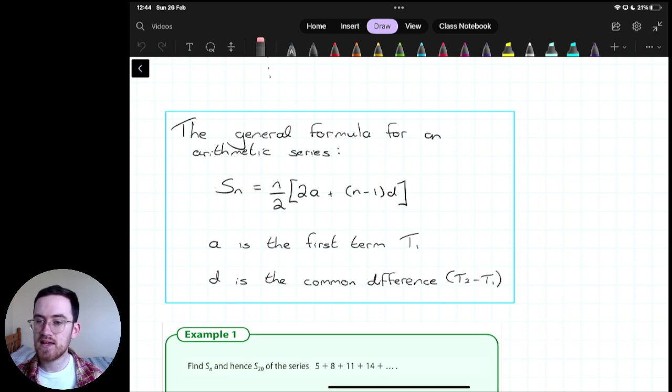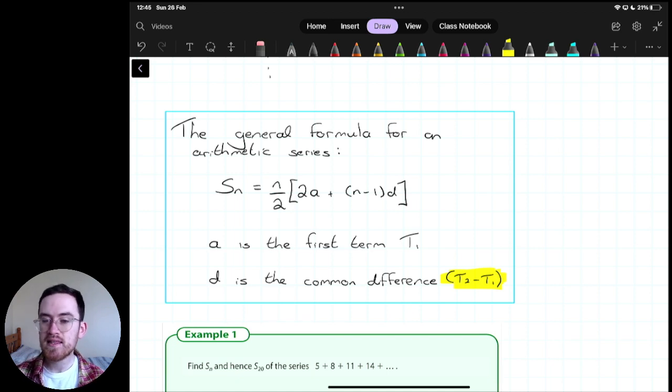Arithmetic series, and again this is in your log tables, same as we had with our arithmetic sequences. For our series, a is the first term, T1, and d is the common difference. You need to be careful here as well that d is the common difference between the terms, T2 minus T1, exactly the same as we had before.